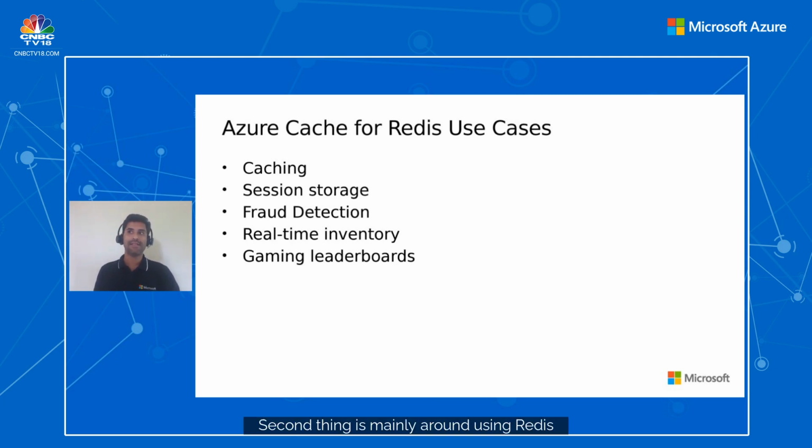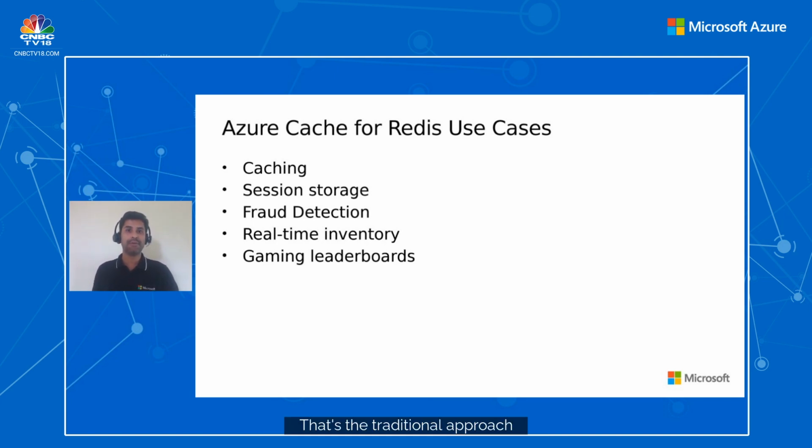And the second thing is mainly around using Redis for session storage, right? So in case of a multi-tenant application or a distributed application where you run multiple instances, usually we will end up having something called sticky session where users from a single session will always go to the same backend.